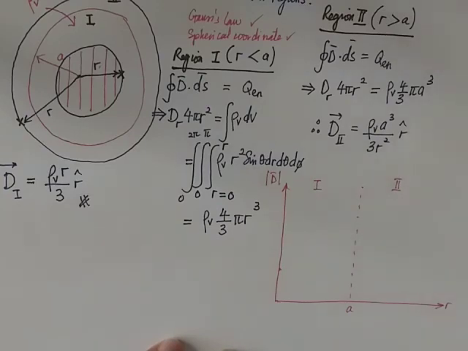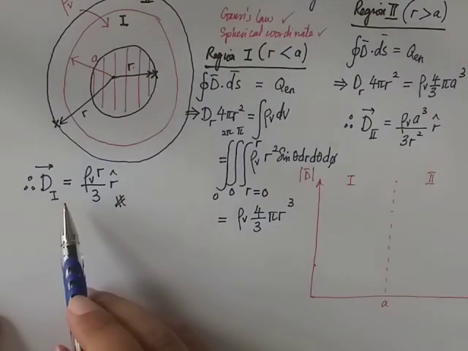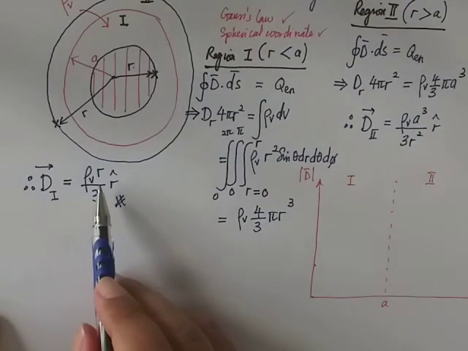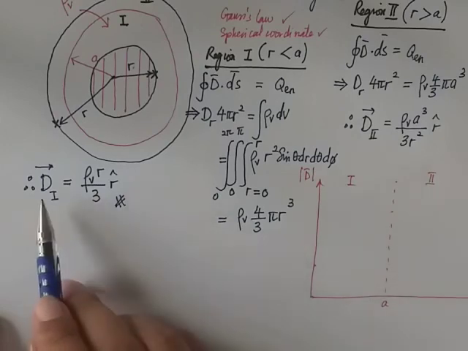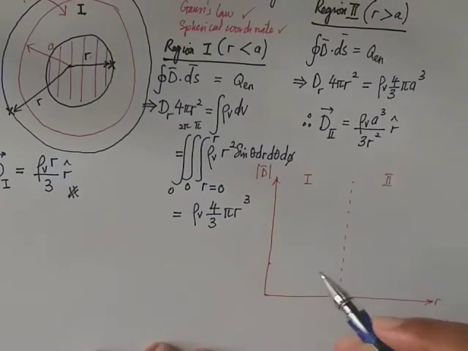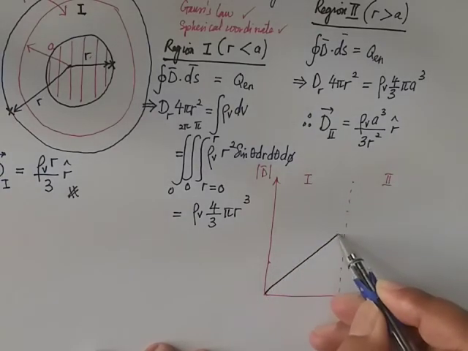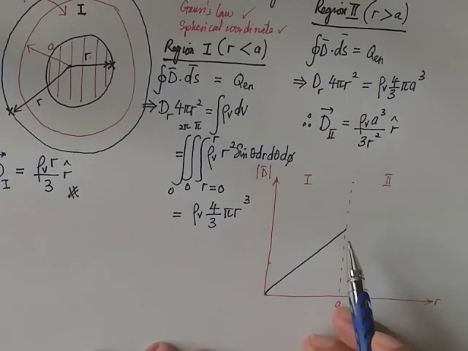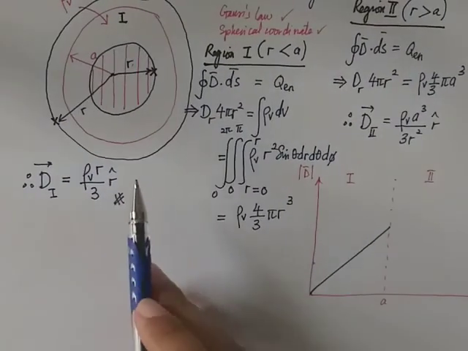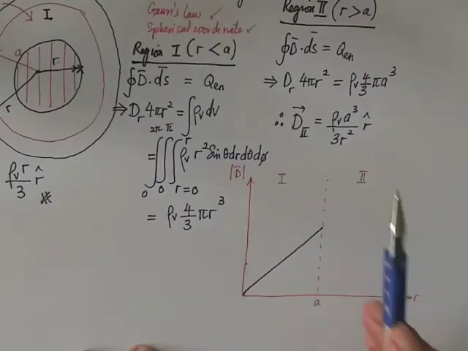For region number 1, I can see the mathematics is directly proportional to r. As r increases, the field is going to increase as well. So it's linear. The field shape is going to be a linear line like that, only up to region number 1 here. So it's obeying this equation. Once it goes into region number 2, it must obey this term.